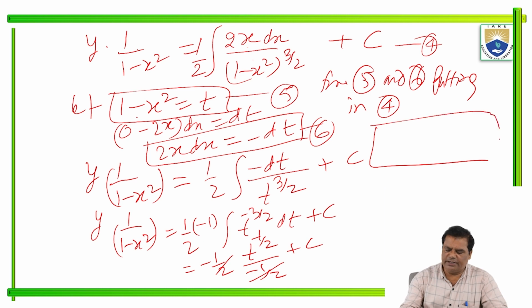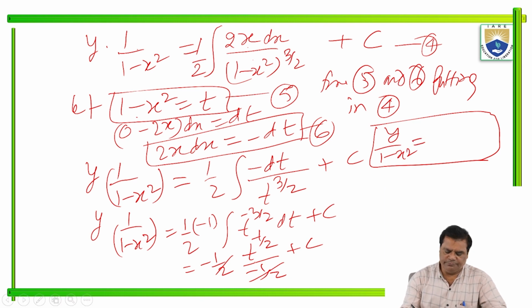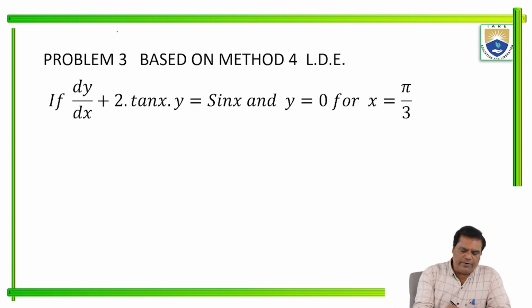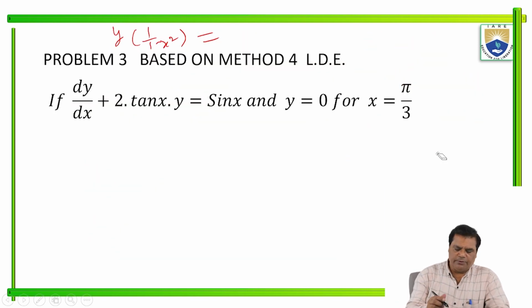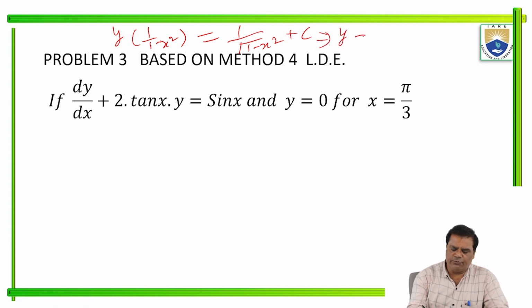So the final answer: y upon 1 minus x square equals 1 upon root t plus c, where 1 upon root t means 1 upon the square root of 1 minus x square. Now multiplying by 1 minus x square, y equals root of 1 minus x square plus c into 1 minus x square.